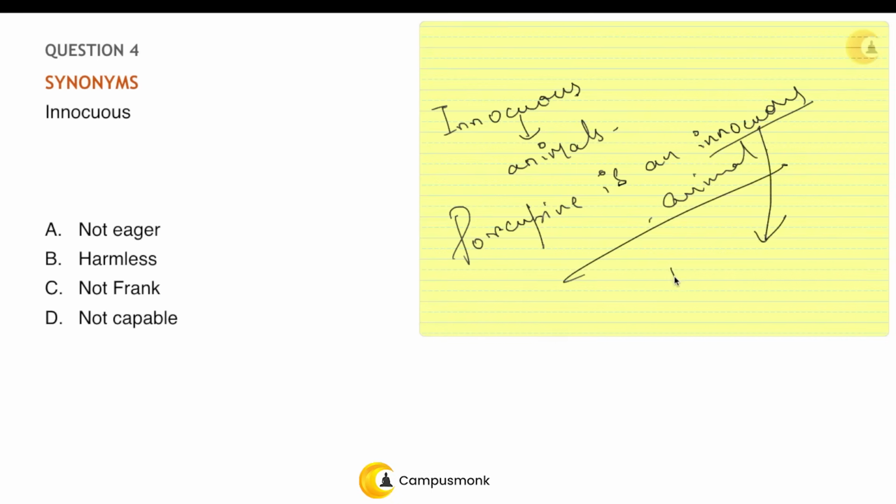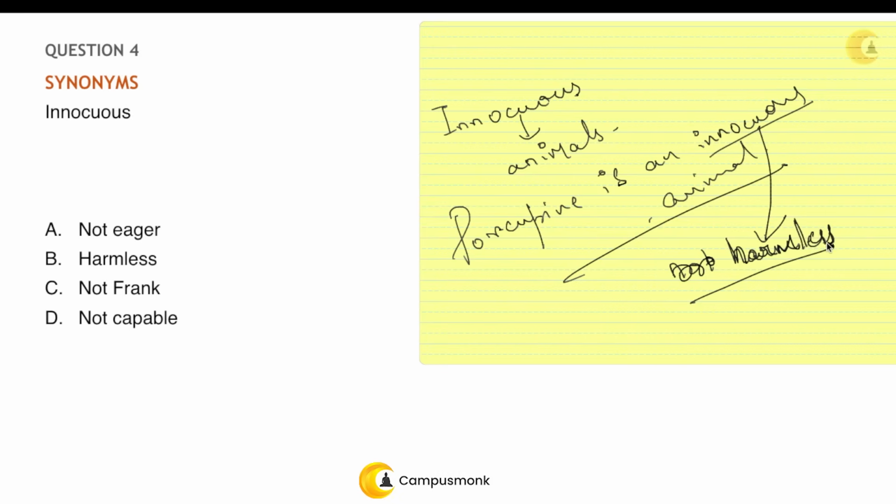It means not harmless. Something that is not harmless is innocuous. That means porcupine is not a harmless animal. Sorry, innocuous means harmless. That means a porcupine is a harmless animal. Innocuous refers to harmless.